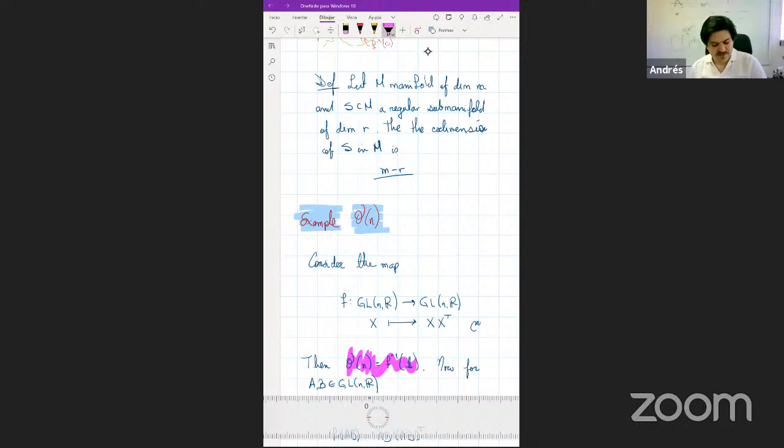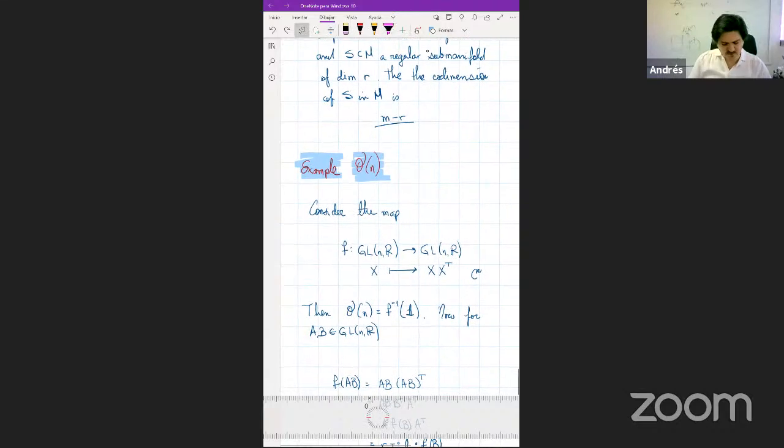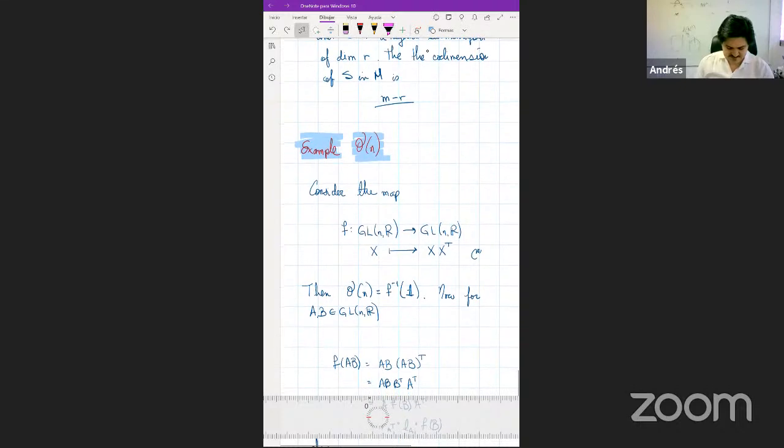Okay, now let's do the following. Take two non-singular matrices, A and B. And let's compute this. By definition, I have this, and then properties of the transpose.